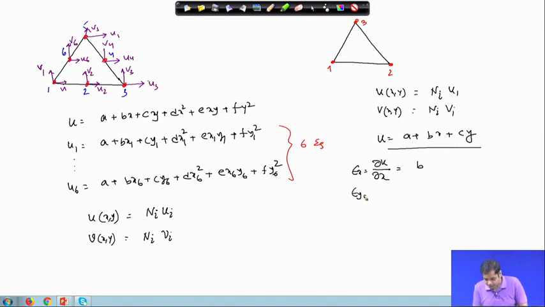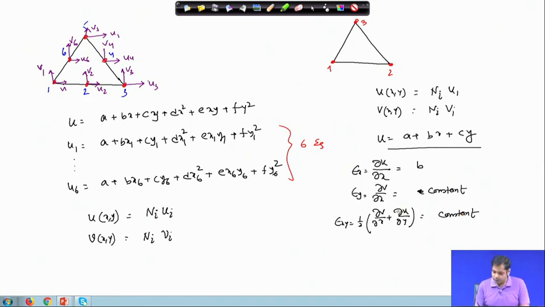Similarly, epsilon y becomes dv/dy, a constant like this, that may not be b but some other constant. And similarly, epsilon xy, which is half of del v/del x plus del u/del y, will also be some constant, because both u and v are linear functions of x and y.